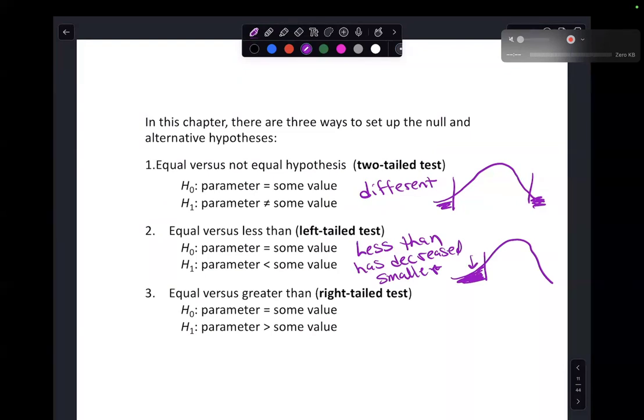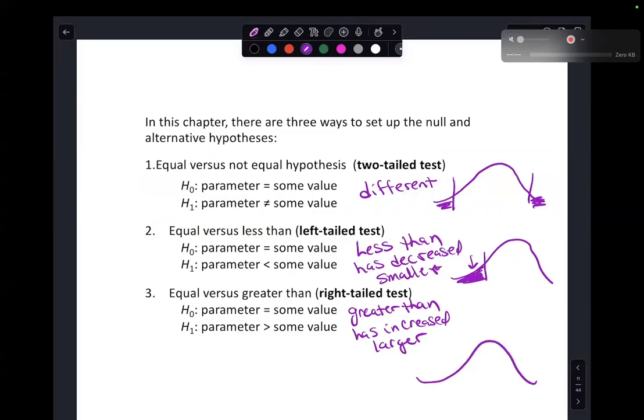The right-tailed test, you're going to see words that mean greater than. Greater than, has increased, larger. So any words that might mean greater than, that's what's going to be the right-tailed test. So drawing my curve, that is the ugliest curve. Let's try this one again.